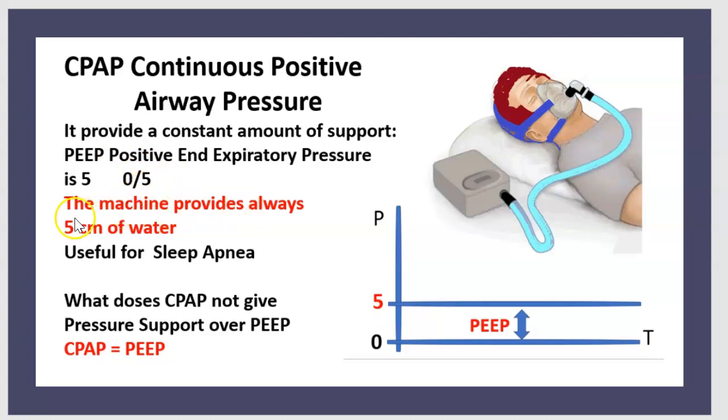The machine always provides 5 centimeters of water. What CPAP does not give is pressure support over PEEP. CPAP is the equivalent of PEEP. Here is 5 centimeters of pressure, and this is the PEEP.